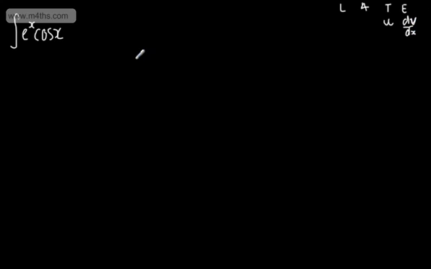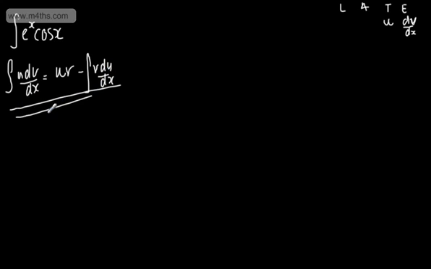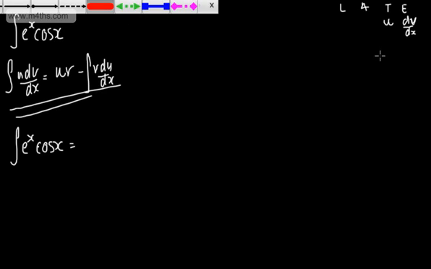Let's remind ourselves that by parts, the integral of u dv dx will be equal to the product uv minus the integral of v du dx, and again, they are with respect to x. So let's set this up. The integral of e to the x cos x will be equal to, and we're going to have this in our little table like so.